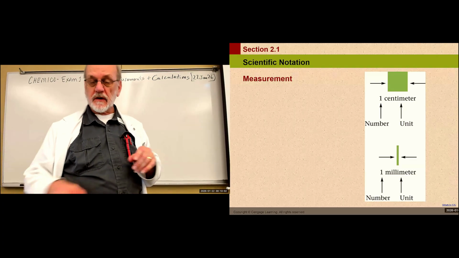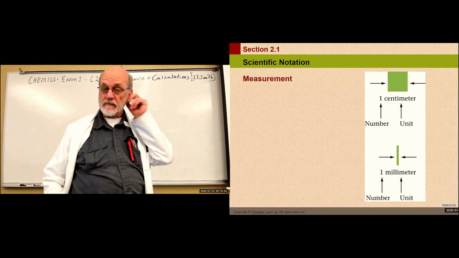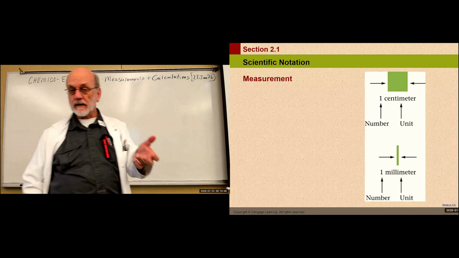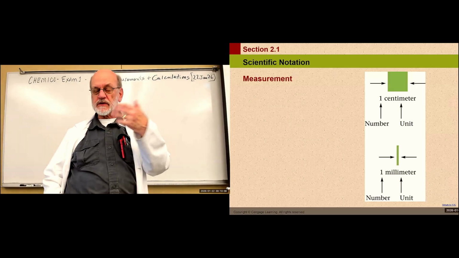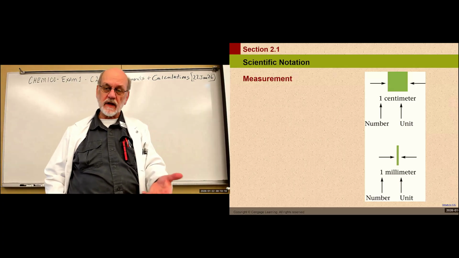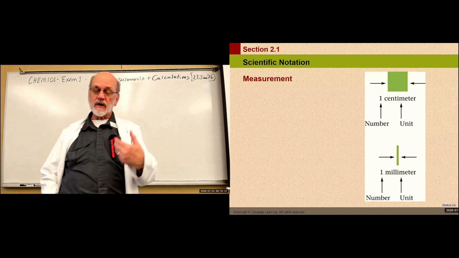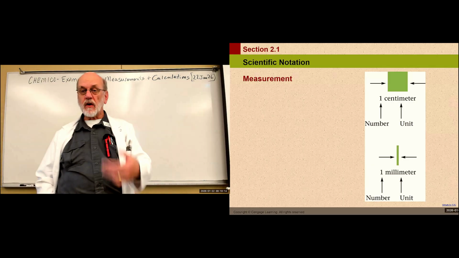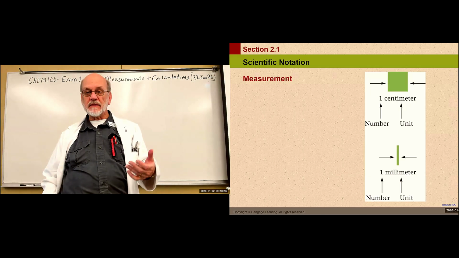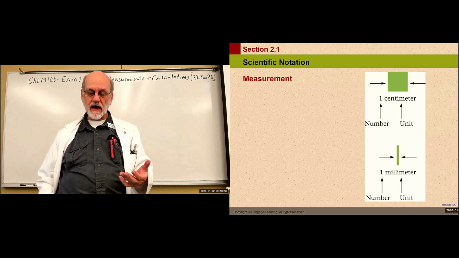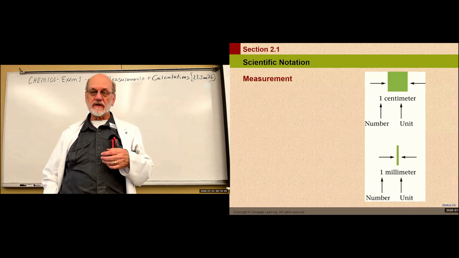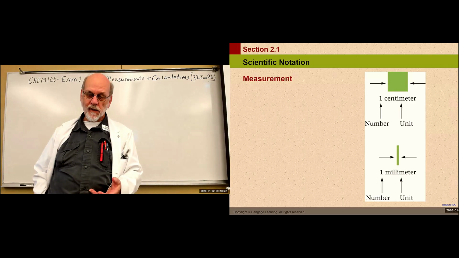And the examples on the right-hand side of your screen are 1 centimeter. It gives you a representation of what 1 centimeter would look like. And then 1 millimeter below it is a smaller measure. Centimeter means 1/100th of a meter. Millimeter means 1/1,000th of a meter.